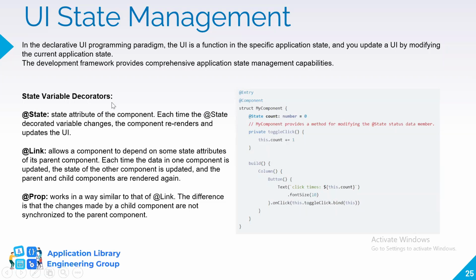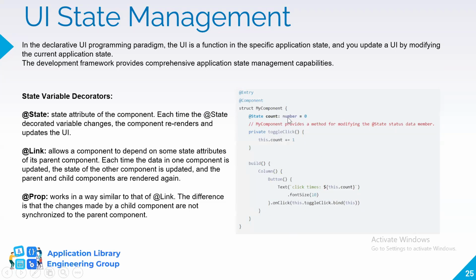So let's see some of the state variable decorators. As I said, @State is a state attribute of the component. Anytime an @State decorated variable changes, component re-rendering happens and updates the UI. Component re-rendering means the build method will be called again.